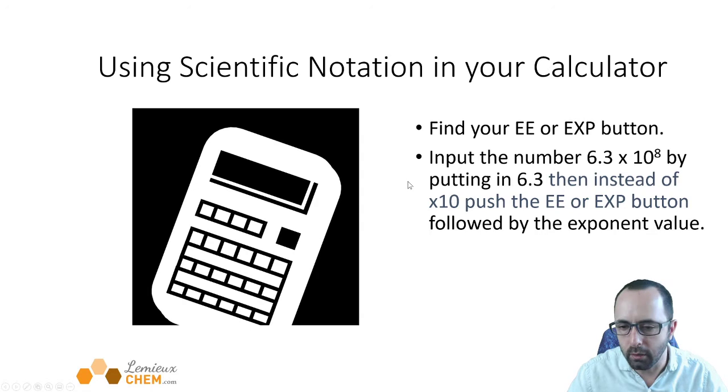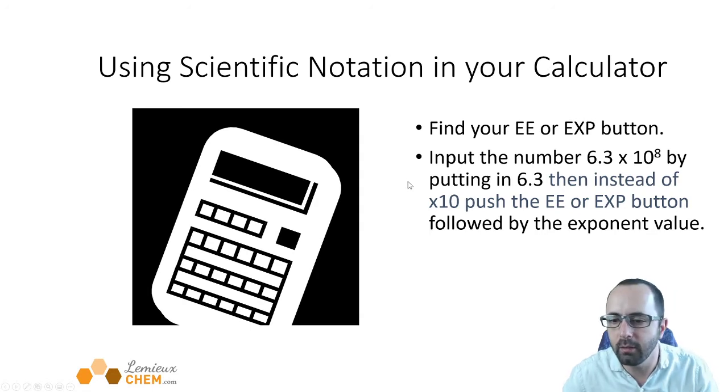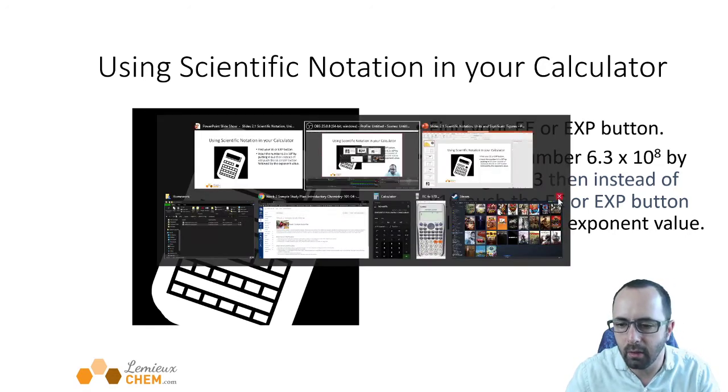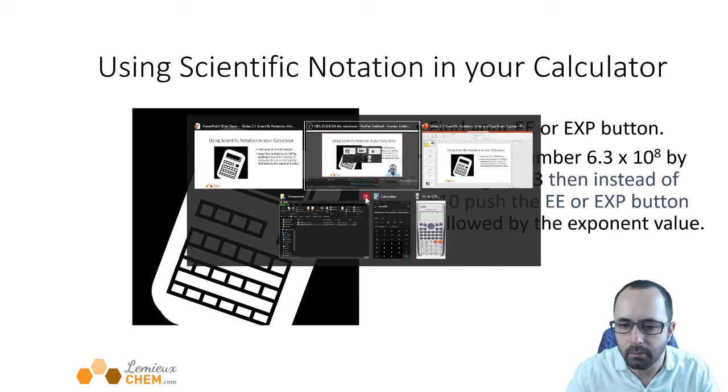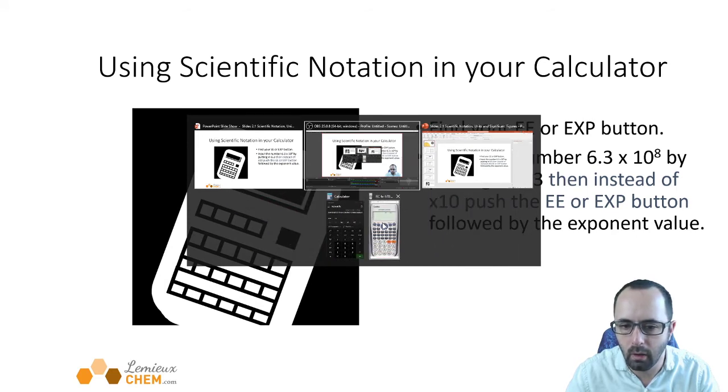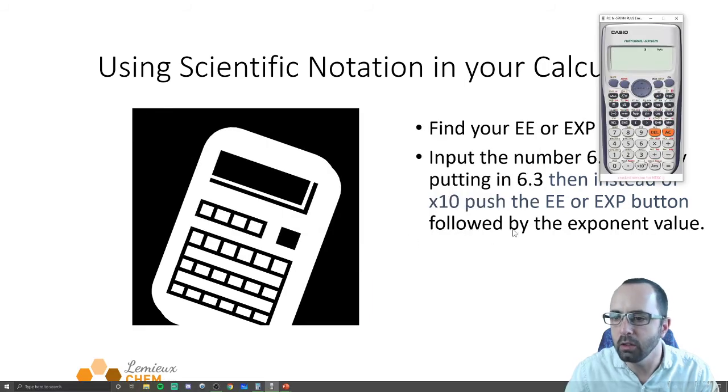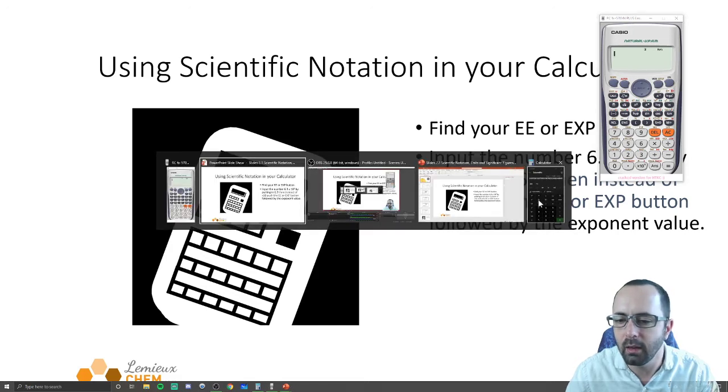Now, very regularly, you're going to have to put scientific notation into your calculator, and this is why it's so very important that you have a scientific calculator. And these scientific calculators are going to come in 2 different basic types. Here a dual line type like this Casio, which is quite similar also to the TI that I've shown you.